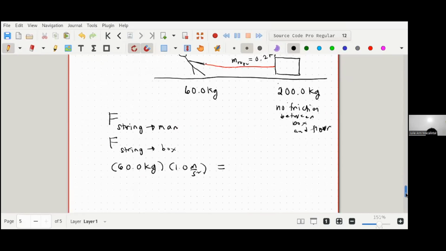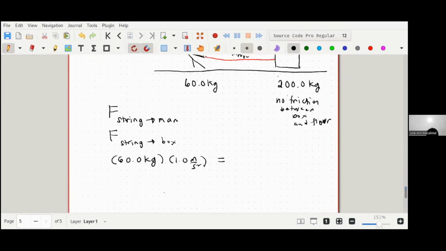Gawan natin ng free body diagram. So the man is being pulled, right? Direction is negative kasi going to the left. Tapos the man is being pulled backwards by the rope. First, rope na lang instead of calling it string.